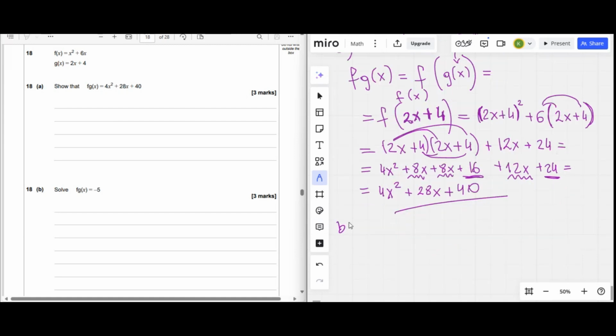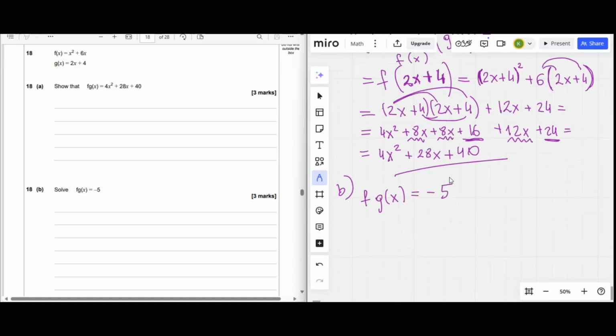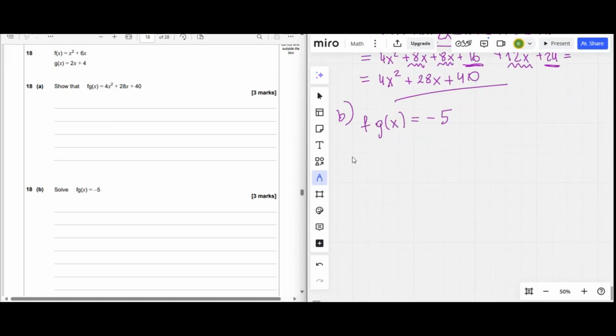And now in B, we need to solve that f of g of x is minus 5. Okay, so let's put that our finding, 4x squared plus 28x plus 40 should be equal to minus 5. Okay, let's move that minus 5 to the left-hand side. So to get rid of that, we need to plus 5 on both.